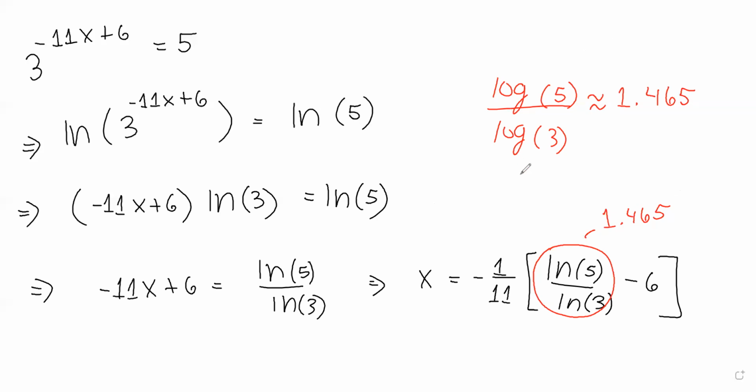So again, why can we take the ratio of any two logs, even if they have different bases, but the same arguments?